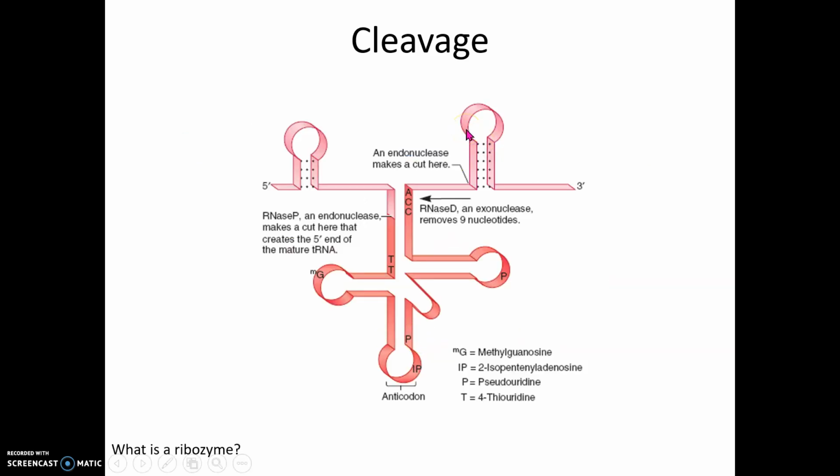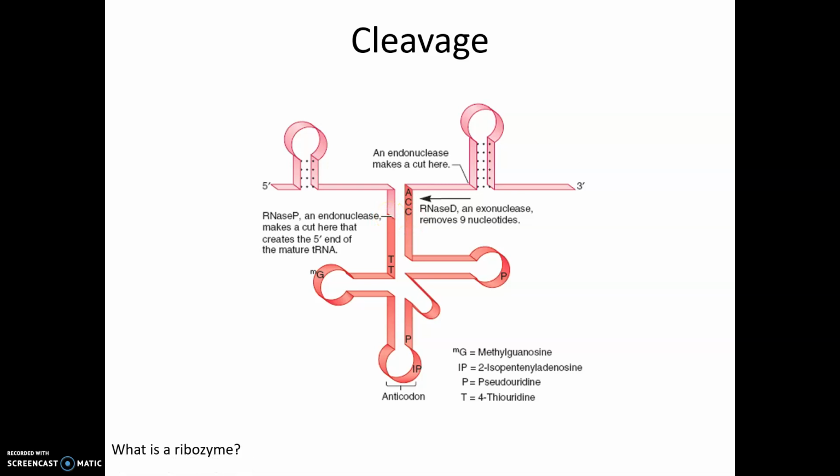The tRNA is also processed through cleavage. So you have a precursor tRNA molecule that's created, and that's what we see here on the screen. First, it's cleaved by RNase P, which is an endonuclease. Okay, and so that's going to produce one end of the mature.